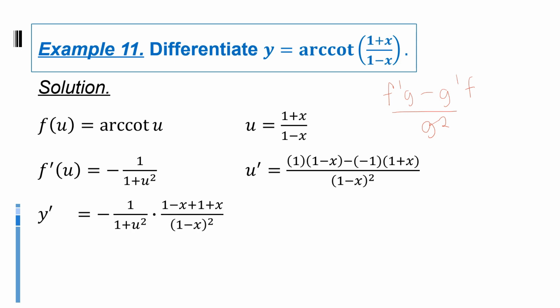So that is now the negative of 1 over 1 plus u squared times, here, I simplified it already, we have 1 minus x plus 1 plus x. So, this part can be removed. So, we now have negative 1 over 1 plus the square of 1 plus x over 1 minus x times 2 over the square of 1 minus x.